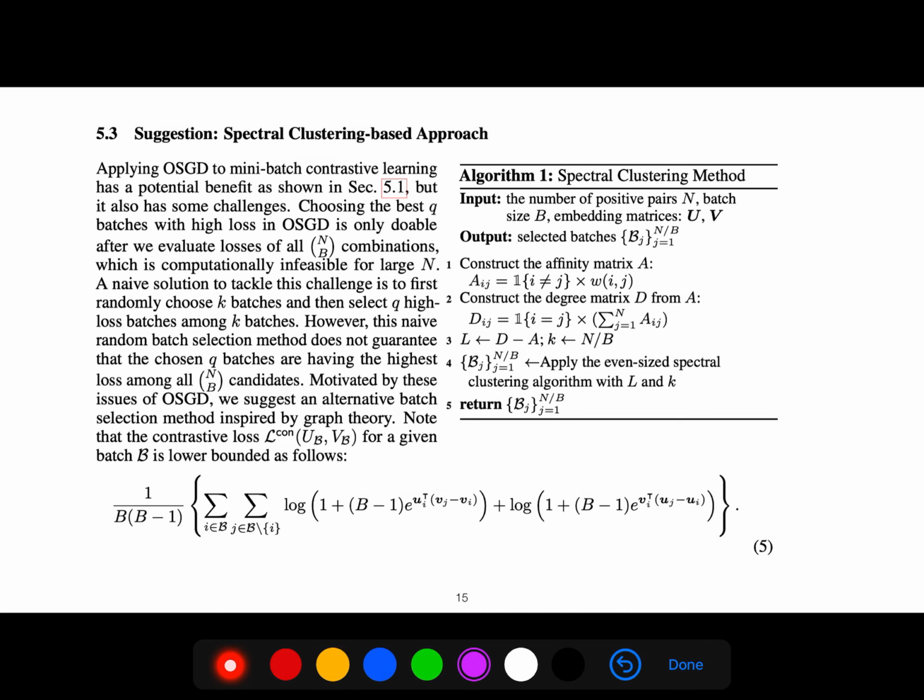First we construct the affinity matrix, degree matrix and the Laplacian, which in graph theory I assume you all know. And then we apply even size spectral clustering, which I've explained in that playlist as well. And then you return those batches. So you understand how to deal with these mini batches and how to select the batches.